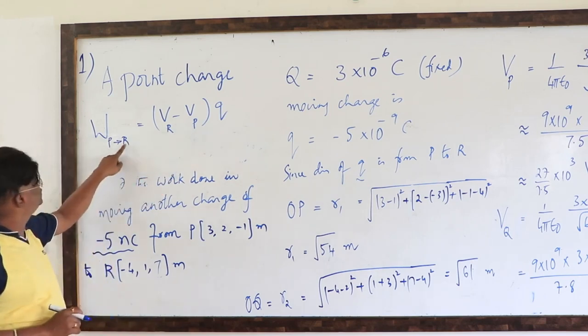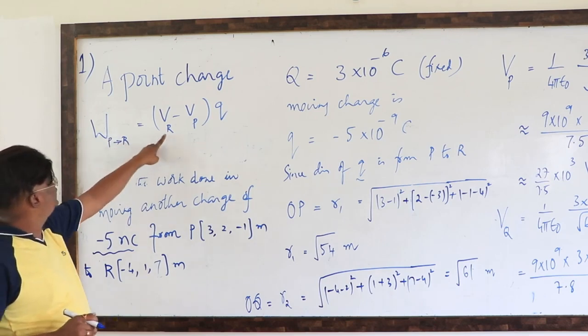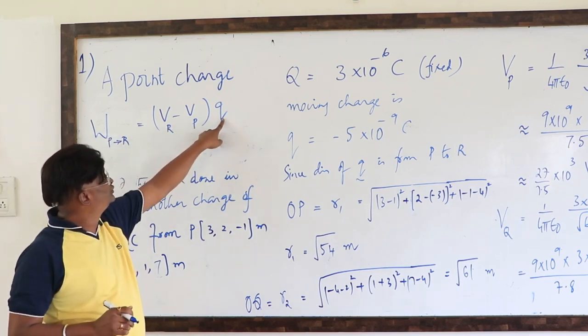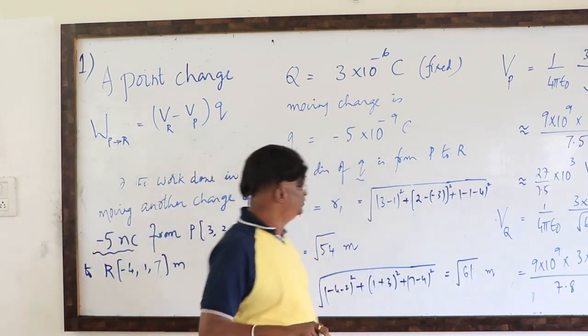Order is important, P to R. This is initial point P, final point R, so final minus initial times this Q, and this Q is to be taken along with the sign which is minus 5.